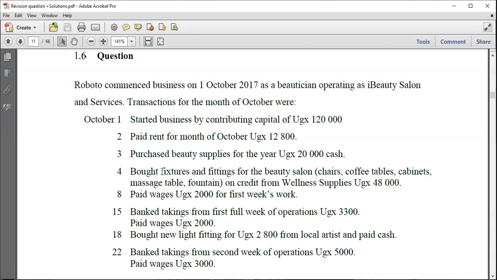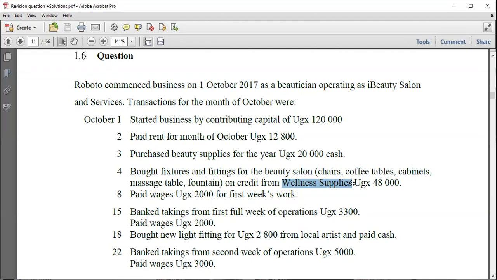They are also telling us that these were bought on credit, from Wellness Supplies. So we have two accounts here: the fixtures and fittings account, and the Wellness Supplies account.